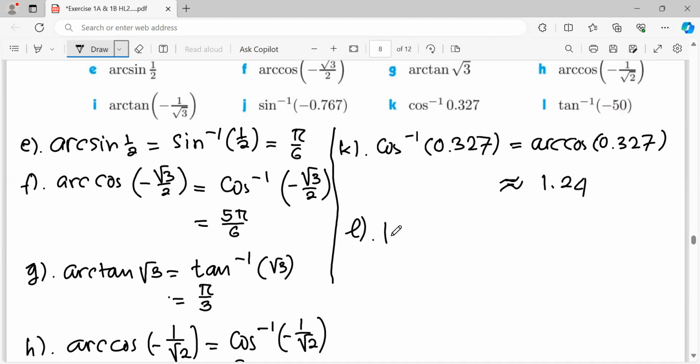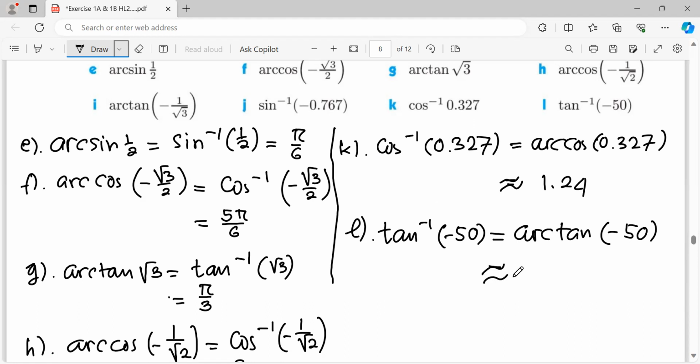L. Tangent to the power negative 1 of negative 50, or arctangent of minus 50. With the calculator, find the number, minus 55. Not mistaken. Okay, but I'm going to make sure first. Go to my calculator.